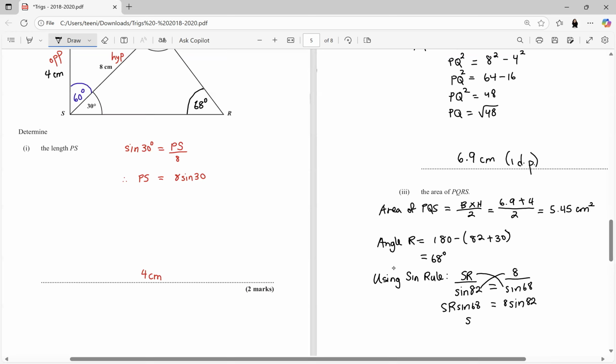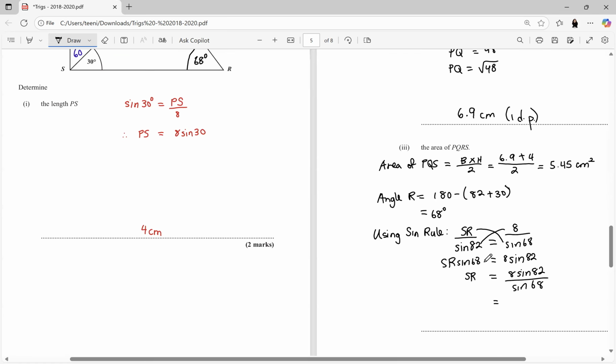So therefore, SR would be equal to 8 sine of 82 divided by sine of 68, which is 8.5 to one decimal place.